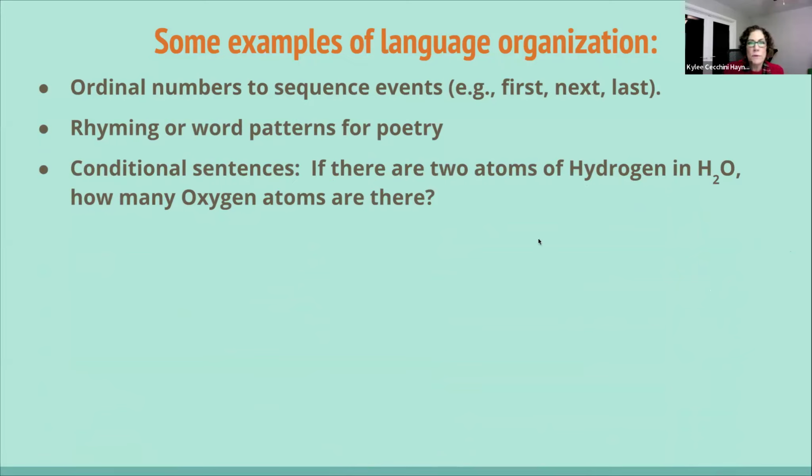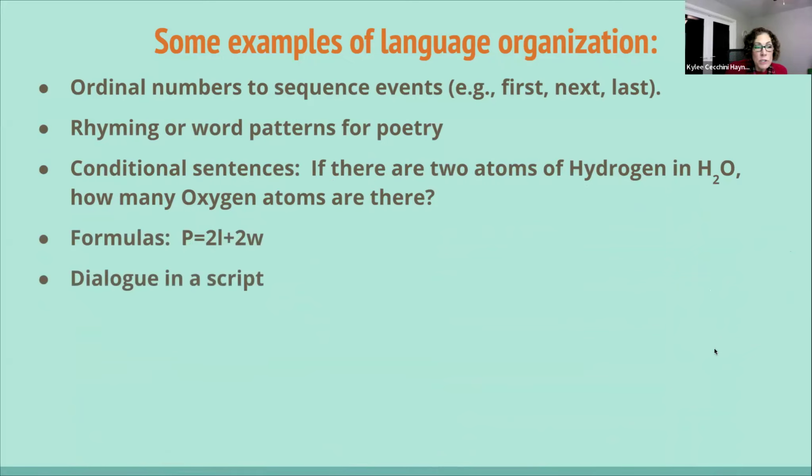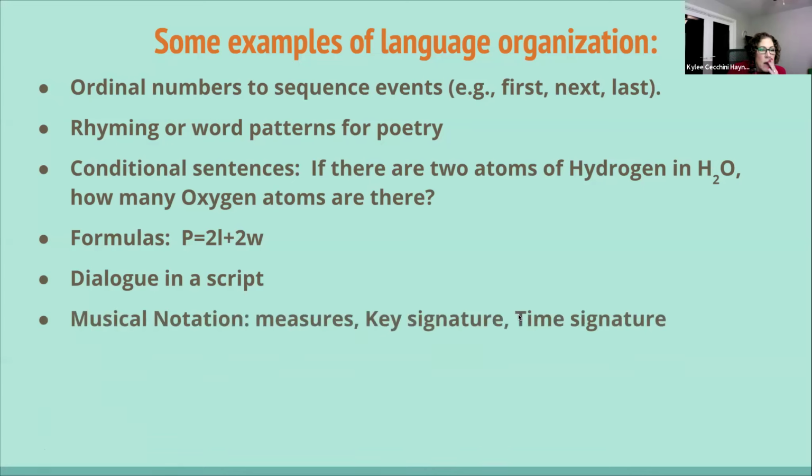So there's a pattern of organization there for conditional sentences. Formulas. Dialogue in a script where you have a character's name and then what they say, and then the character's name and what they say. That's organization.